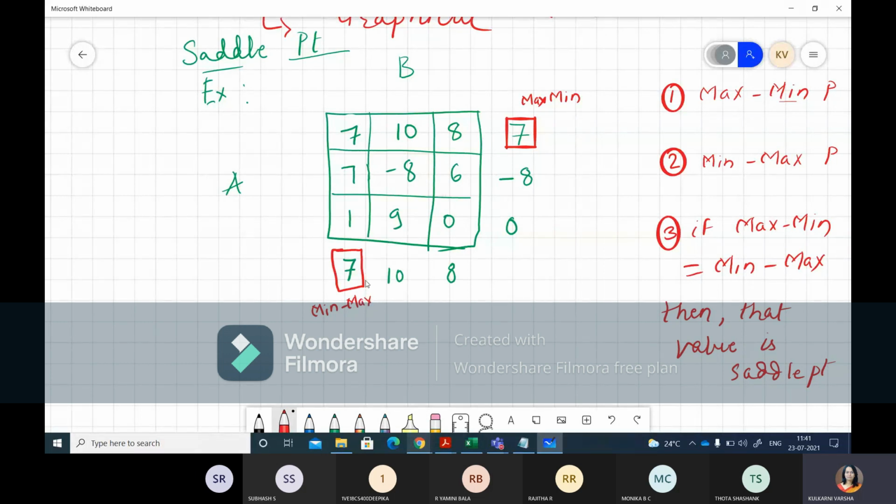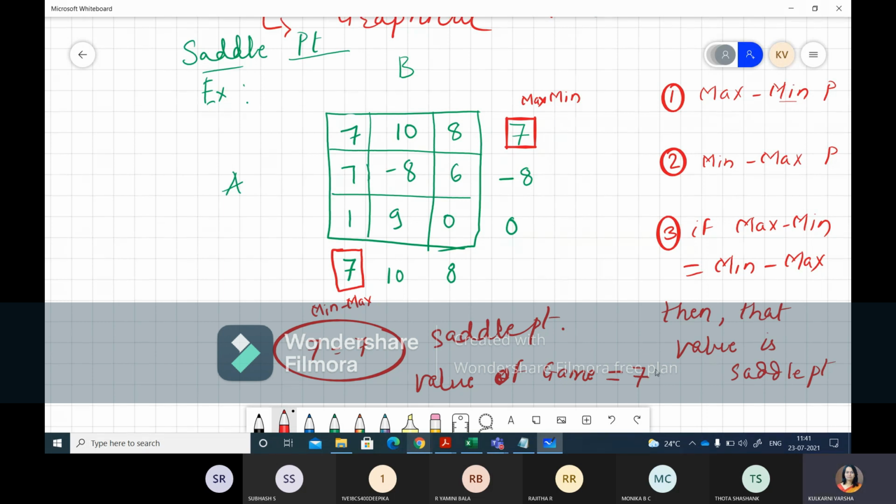As both are the same, 7 is the saddle point. That means this is the value of the game. Finding the solution to the game means finding the value of the game, which in this case is 7.